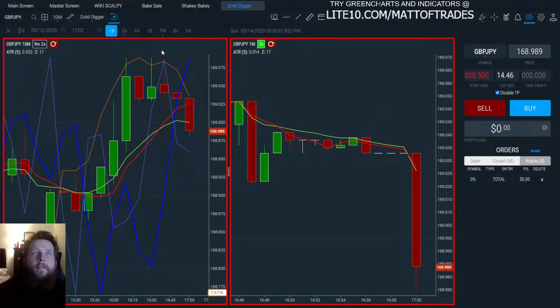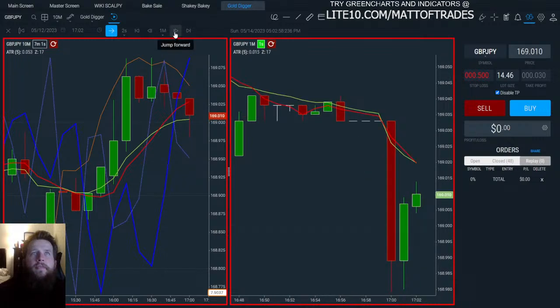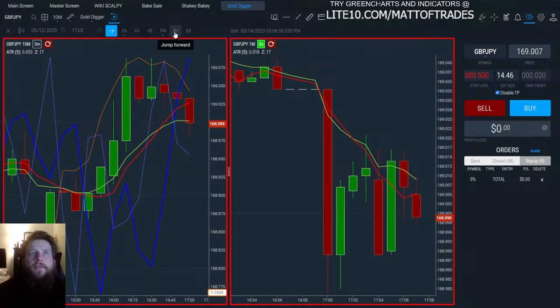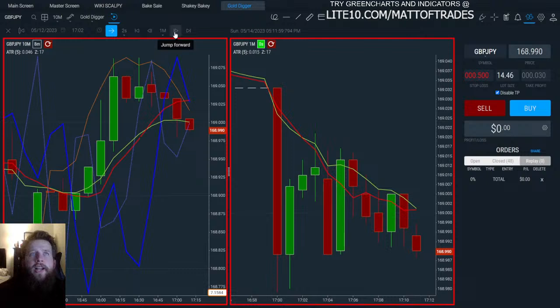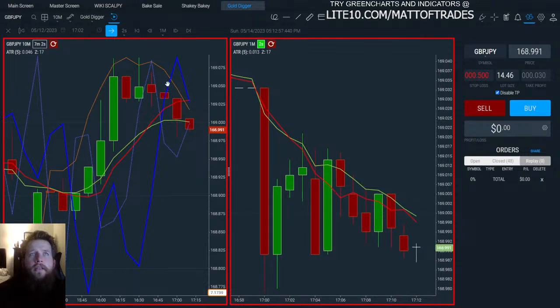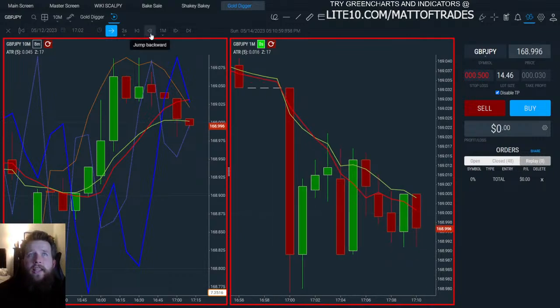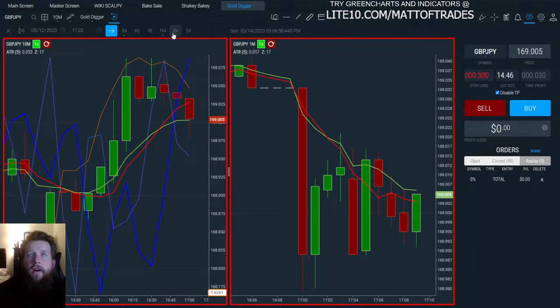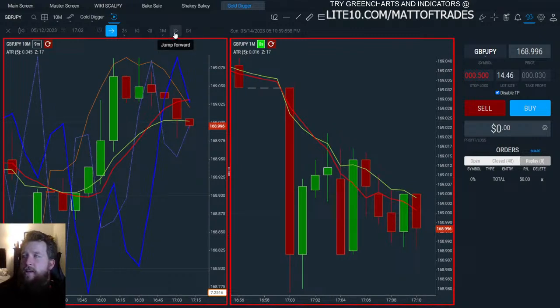Okay, so normal trading rules. Thin orange and thick blue I want to agree. Dotted blue I want to go the opposite direction. And that's my rules for entry. And then similar rules to what I've been doing so far for exiting trades.